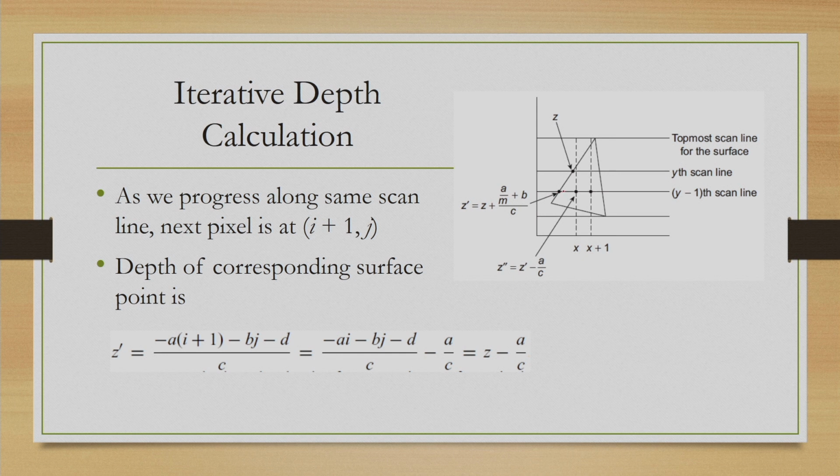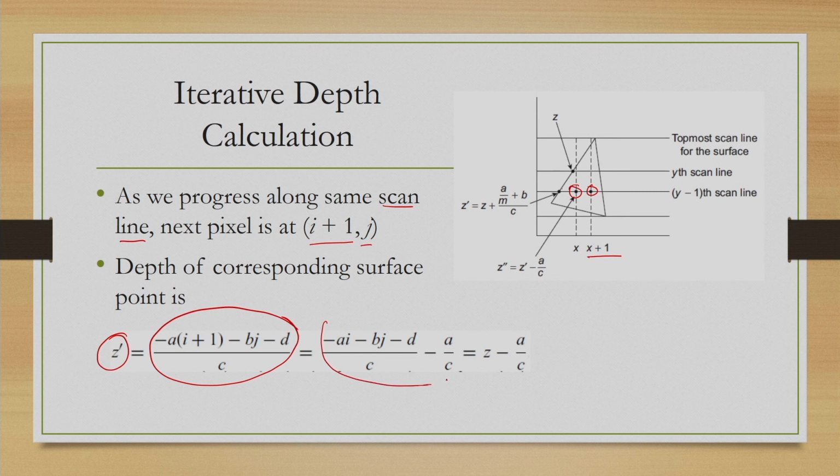Now, as we progress along the same scan line, say consider this point and this point, the next pixel is at I plus 1 and j. Now, the depth of the corresponding surface point at the next pixel location is given by this expression, where we replace I with I plus 1.